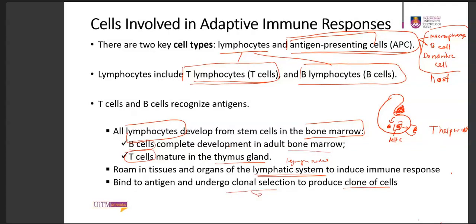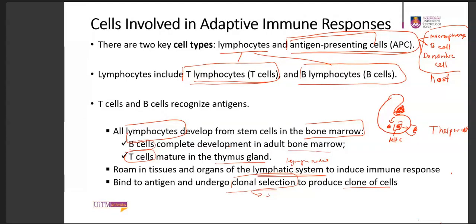Clonal selection, as I said, specific B cell with specific receptor against specific pathogen will be activated and then divide many times, okay, undergo proliferation. So that is clonal selection. So it divides many times, producing B cell with the same receptor or T cell with the same receptor, and then this B and T cell will then differentiate into two groups or into two clones.